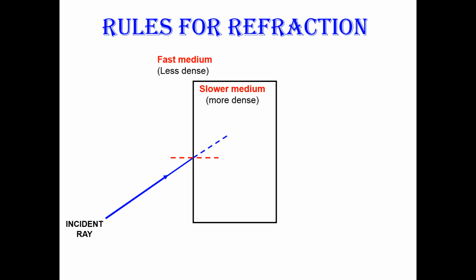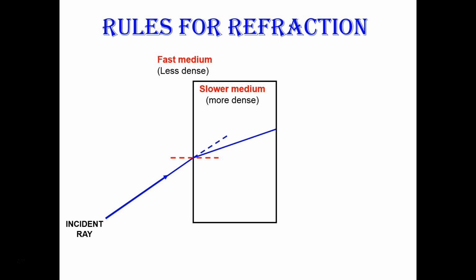Next, imagine if the incident ray traveled on uninterrupted, with its direction unchanged. That's what this short dotted blue line represents. It's our picture, in our minds, of what would happen if this incident ray did not change its direction, if it did not refract.